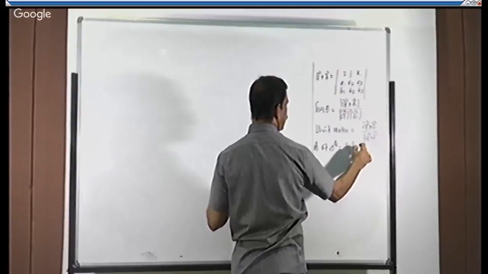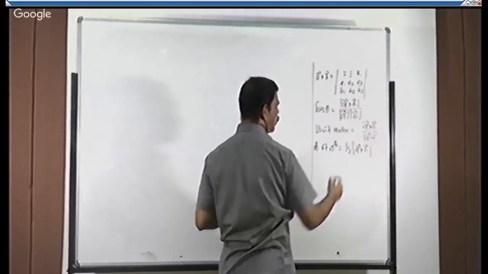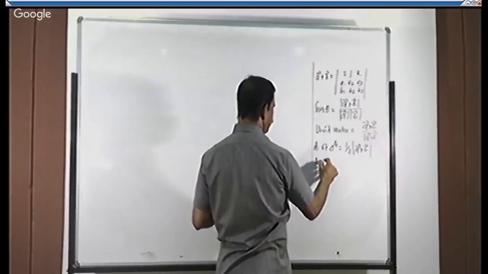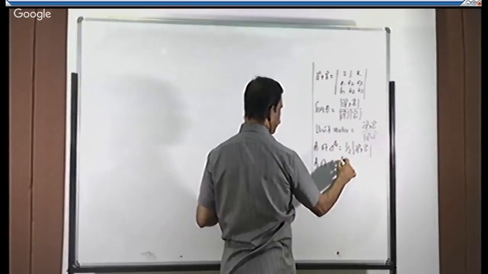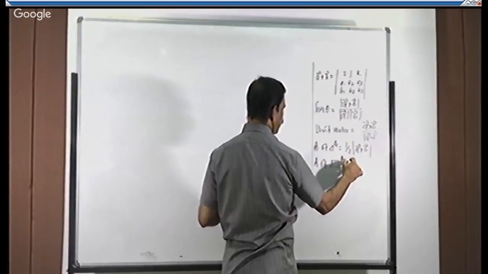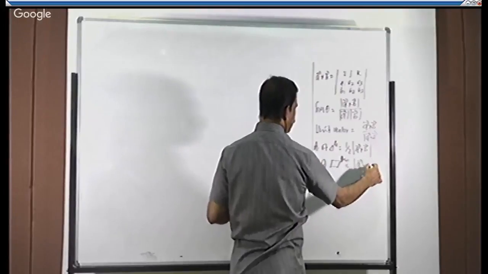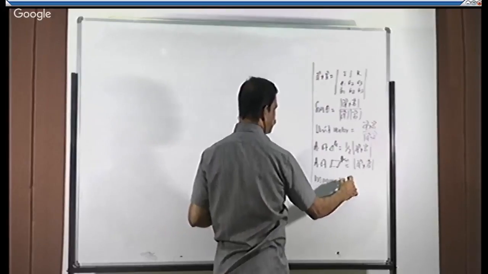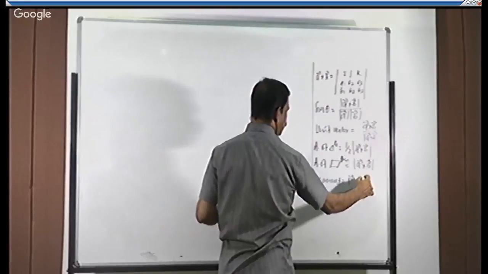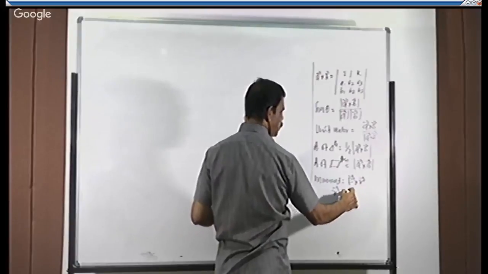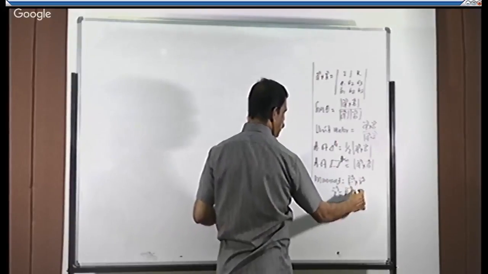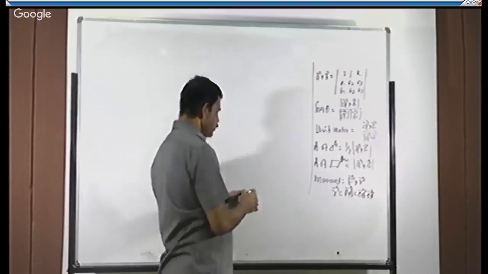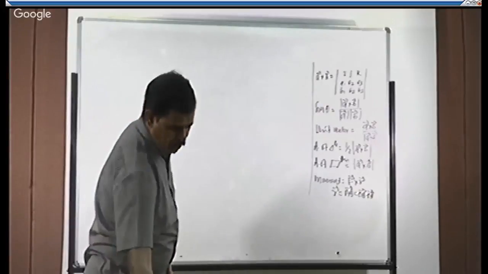Half into magnitude of A cross B. What are A and B? A and B are any two sides. Area of parallelogram is the magnitude of A cross B. And the application is what? Moment. Moment is equal to F cross R, where R is equal to what? R is equal to AB, that is equal to OB minus OA. Make the list of formulas, then take the problems.